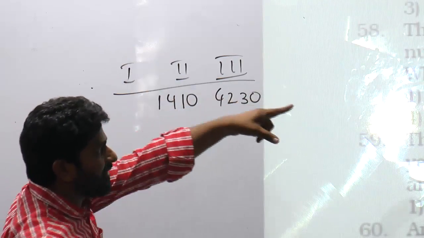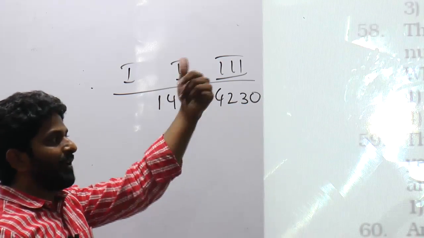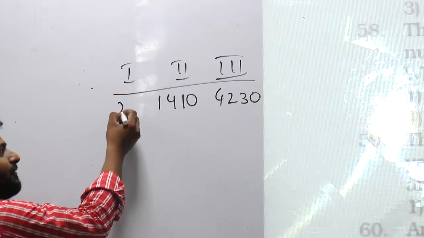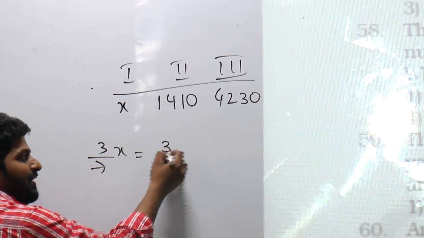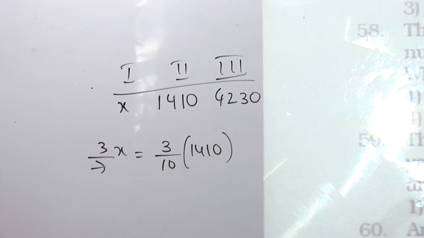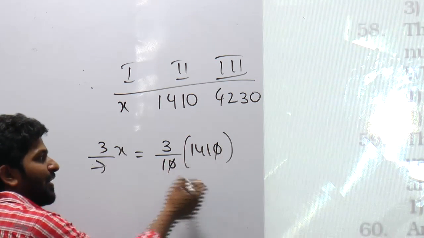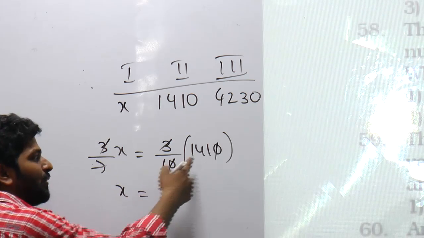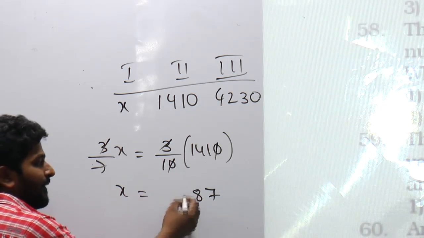And 3/7 of a number is equal to 30% of the second number. 3/7 of this number is equal to 30% of this, which is 3/10 of 1410. 3 cancels, 0 cancels. X is equal to 789.